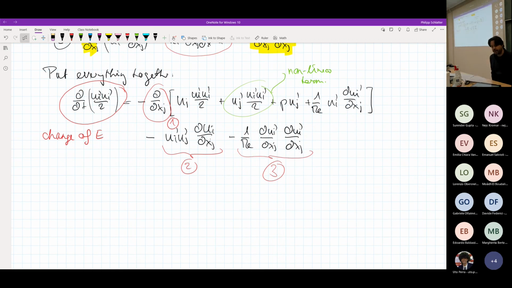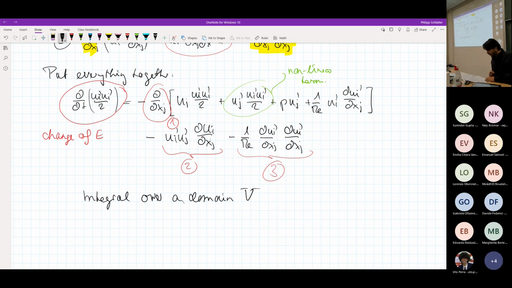Okay. So why was it so important to actually write everything as a divergence? Well, the thing is, if we now perform an integral over a domain, we just call the domain V, let's say. So let's assume we have our solution in a three-dimensional domain. I take now part of that domain, I call it V, and I just do an integral of this equation over that domain.